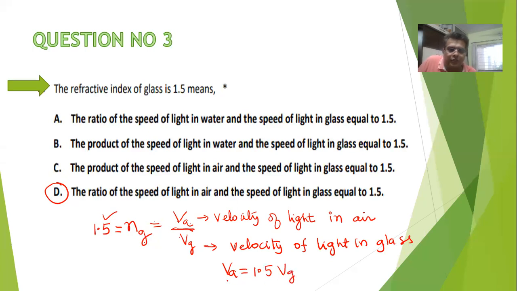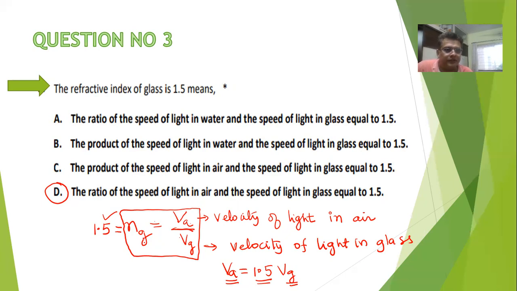So I can say that speed of light in air is equal to 1.5 times the speed of light in glass. That way also they can put it. So be aware of it. Once you know this concept clearly, then you do not have any other difficulties in answering, even if the options are twisted here. Therefore, one has to understand the definition and its meaning clearly.